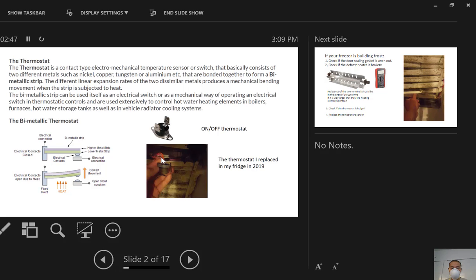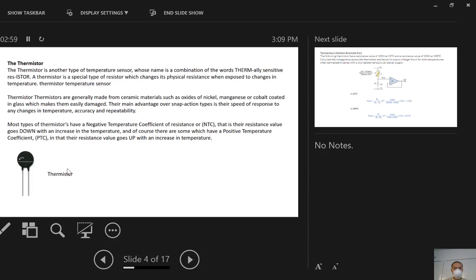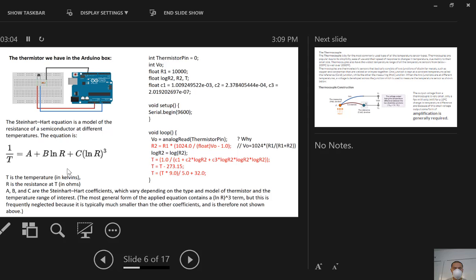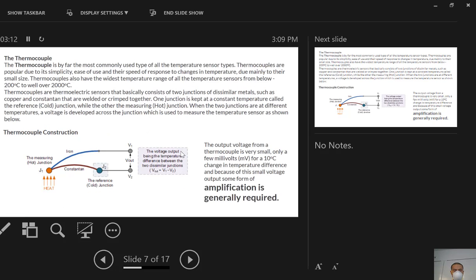I saw a bump on the top, and I directly replaced it, and the freezer was back to work. So that's a mechanical thermostat. And thermistors I have used many times. It's a very simple algorithm to do the calculation. This is a conclusion from physics, so no magic here.